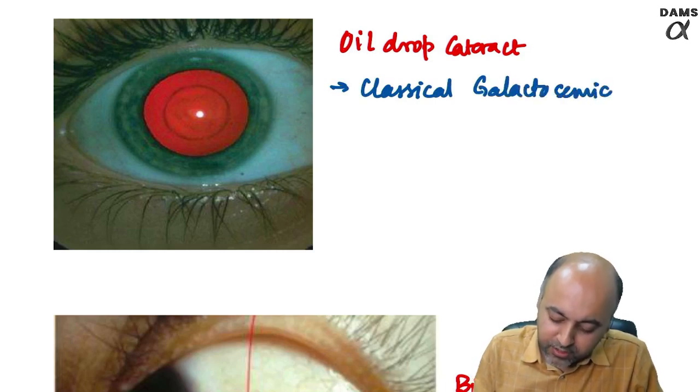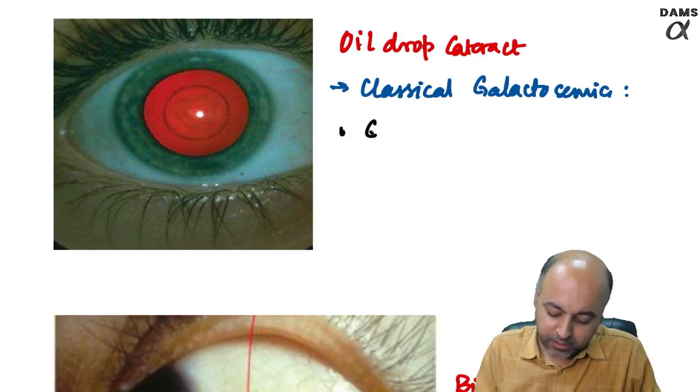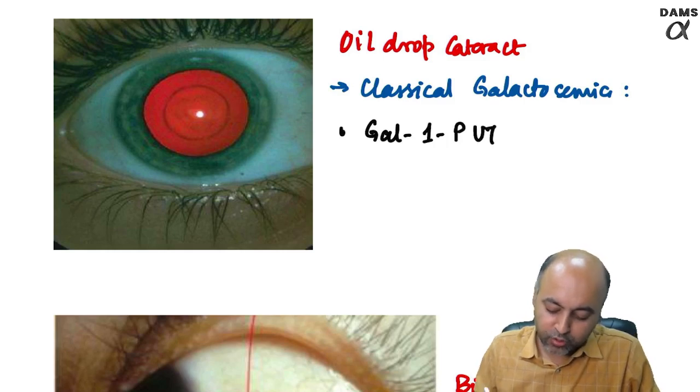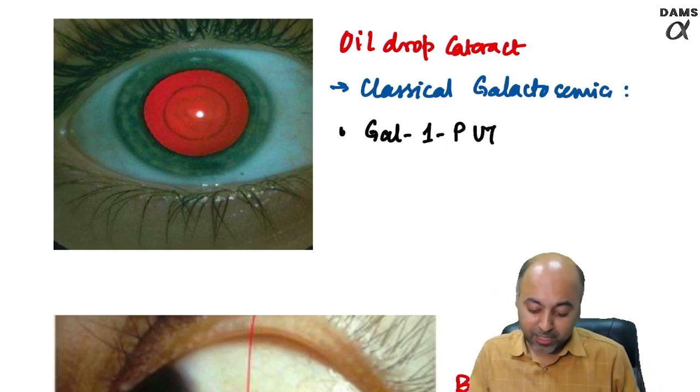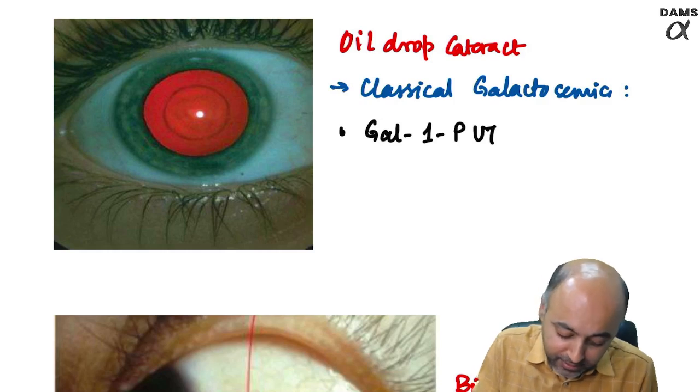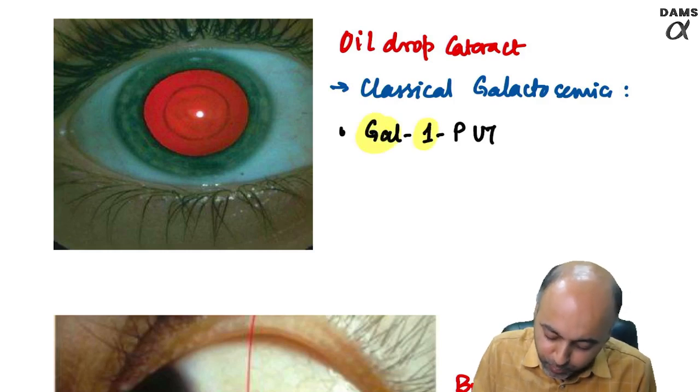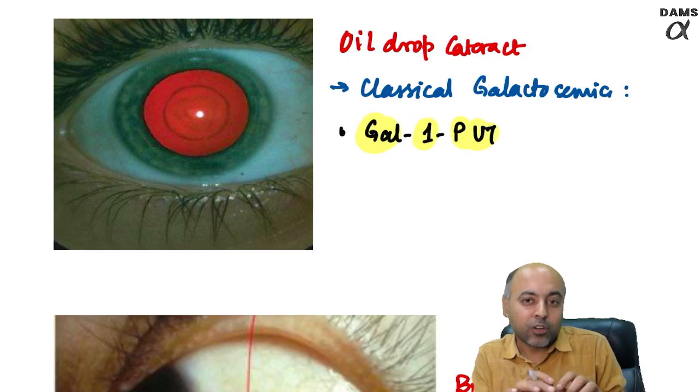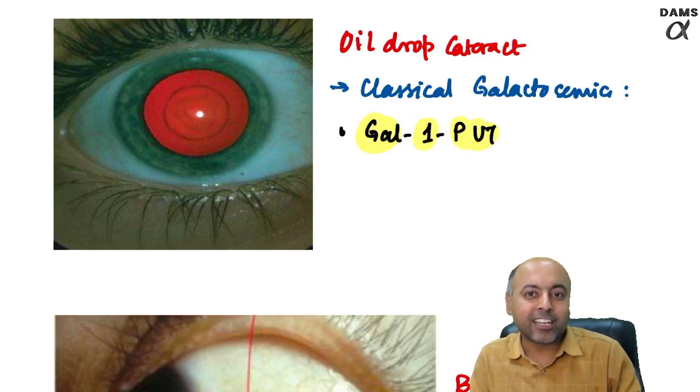So the enzyme which is deficient here is the galactose 1 phosphate uridyl transferase. Sometimes you can see the name as Gal-1-PUT. When they write it, it can look like Galliput.